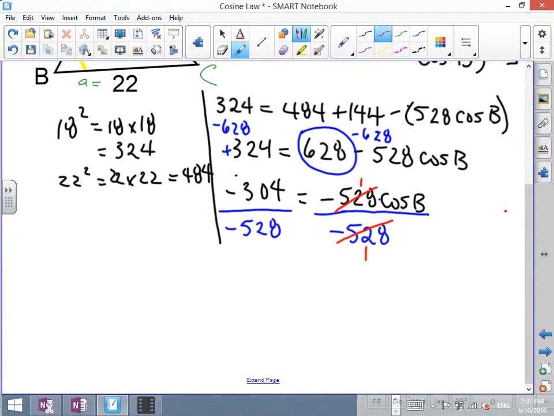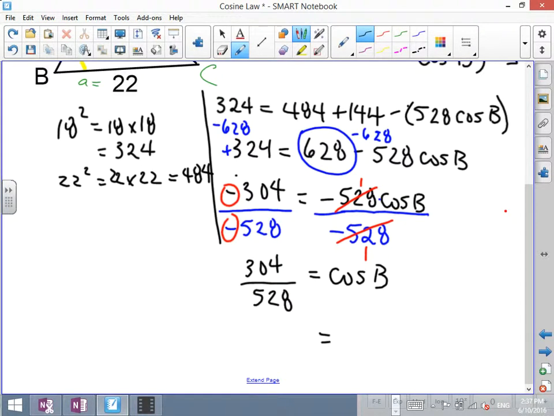That's 1 over 1. So we've effectively isolated the cosine of b. So I'm just going to rewrite that to tidy it up. One thing I will do is on this side, notice that we do have a double negative. So when you divide a negative by a negative, you end up with a positive result.